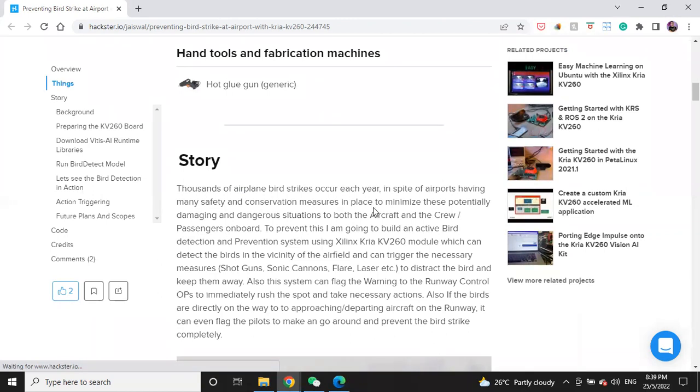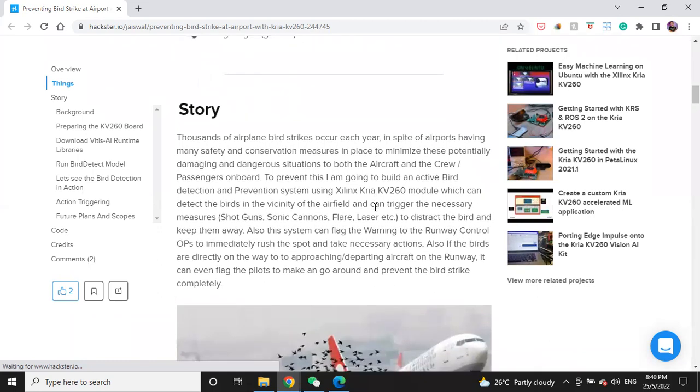Actually, I'm into aviation. I do flight simulation. I'm an enthusiast. So I thought, why not build a project that solves a real-life problem. That's why I built this Vision AI project, which prevents bird strikes at airports with the Kria KV260 board.